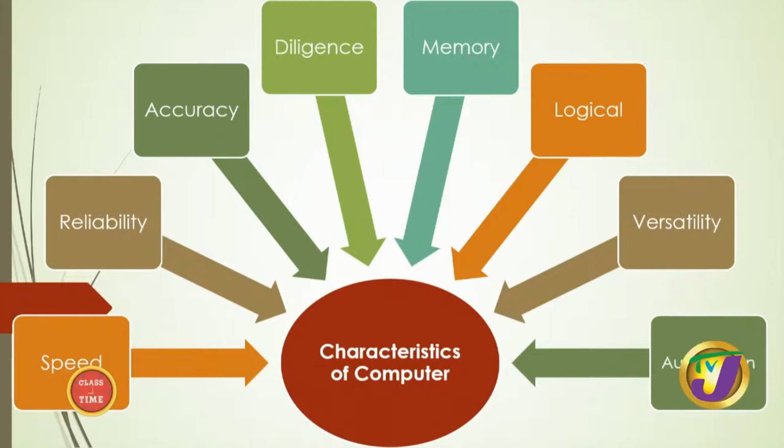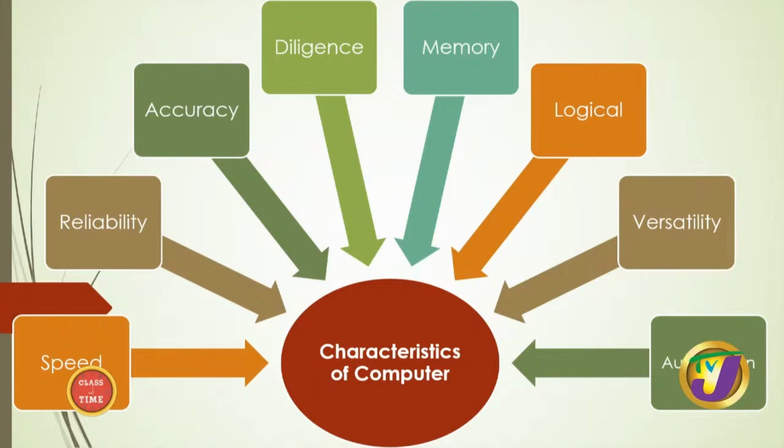Versatility of the computer refers to the computer being able to do many things at once. So you should be able to do a PowerPoint presentation, as well as browse the web, or be typing a document. All of those things can be done simultaneously, which means you don't have to close out of one application before you start something else.